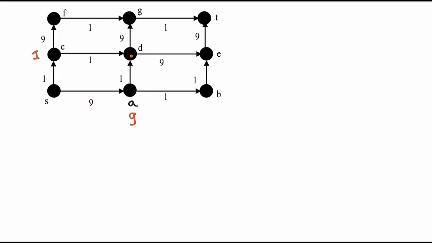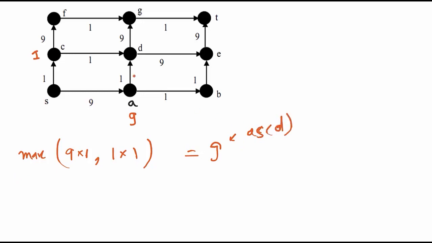Now, what about the quality score of D? The quality score of D will be the maximum of quality score of A, which is 9, into this edge width, which is 1, so 9 into 1, comma, quality score of C, which is 1, into this edge width, which is 1. The maximum of these is nothing but 9. This is the quality score of D, which is 9.